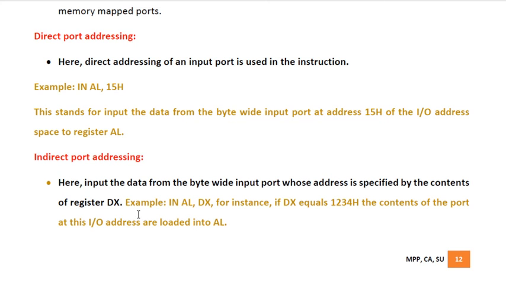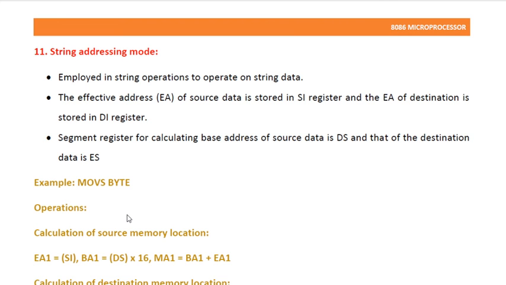If, for instance, DX is equal to 1234H, the content of the port at this IO address is loaded into the register AL. So we can have either direct or indirect port addressing. In direct port addressing, the address is specified in the instruction, whereas in indirect port addressing, the address is specified in the register.